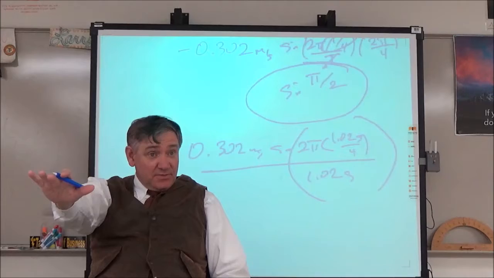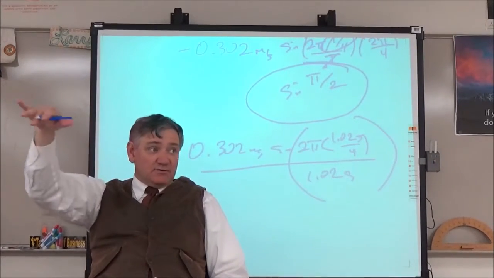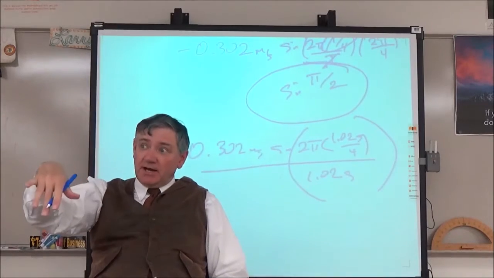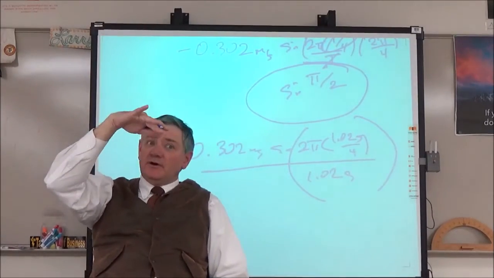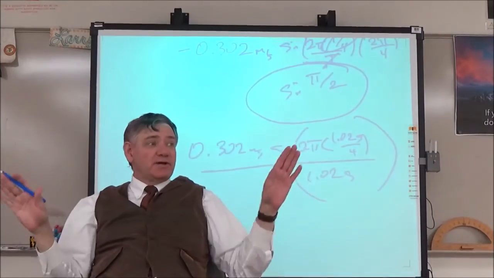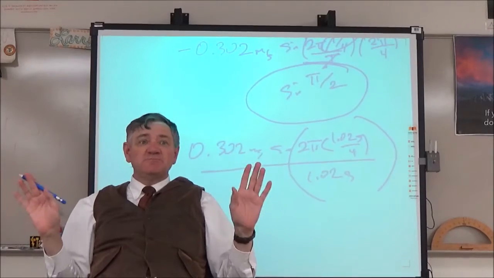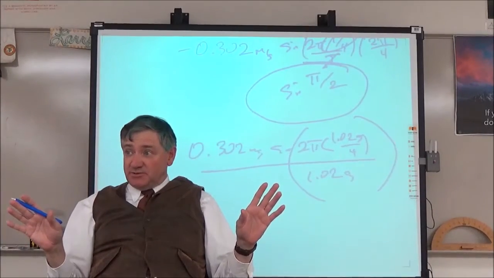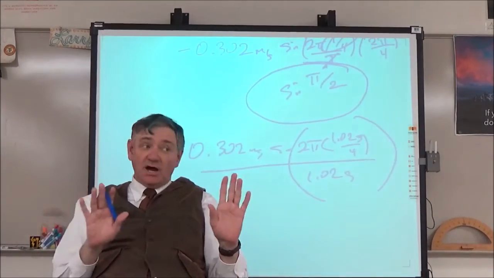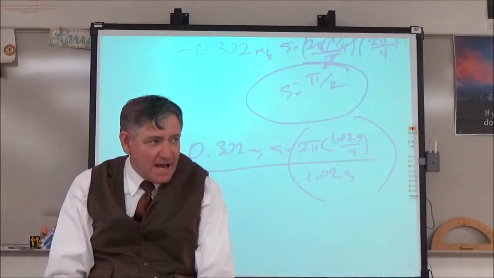Take the period, divide it by 4, take the sine of 2 pi times that, divide it by that 1.02, you're still going to get the exact same answer. I don't care how you do it. Just pick the one that makes the most sense to you. Now, so you're back to 1/2 t.